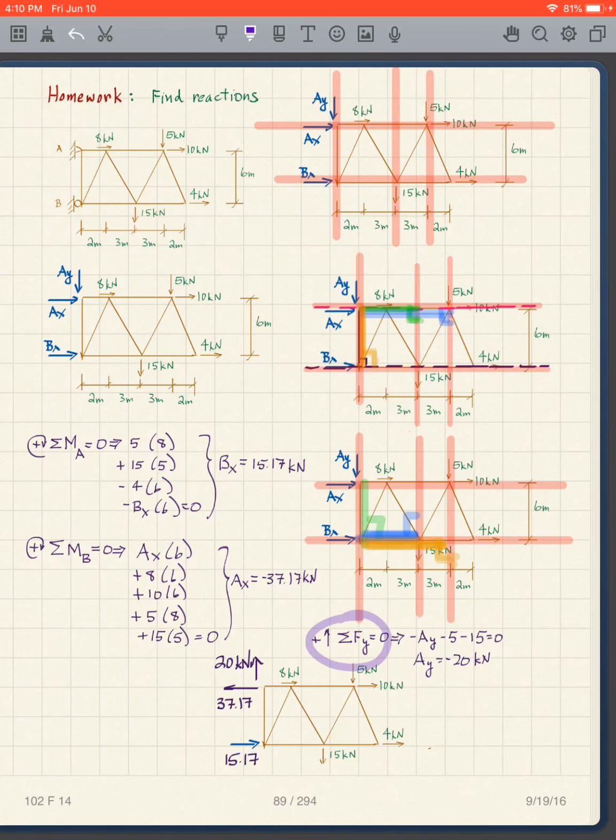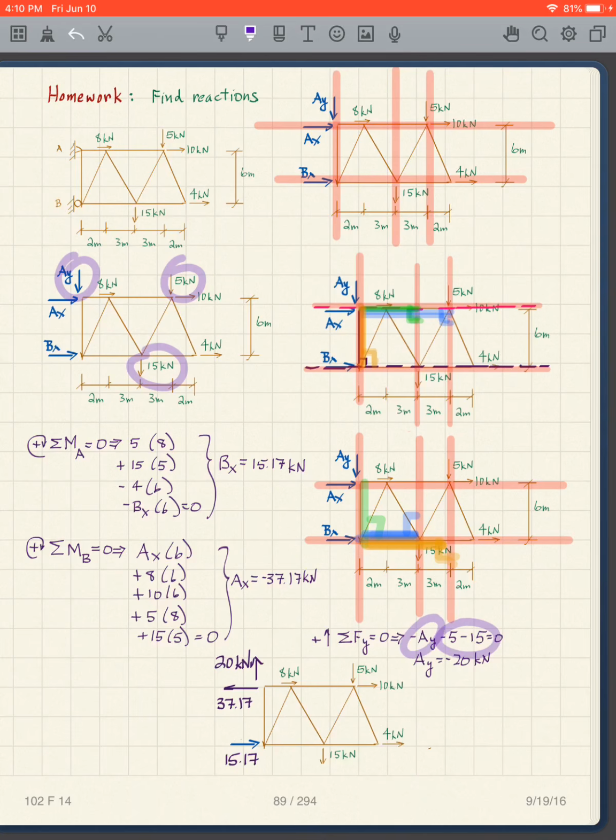Also, I take the sum of the forces in the y direction now because I want to get AY. In the y direction, I've got the 15, and I've got the 5 here. 15 and 5 are both going down, so they're negative. And AY is going down, so that's also negative.